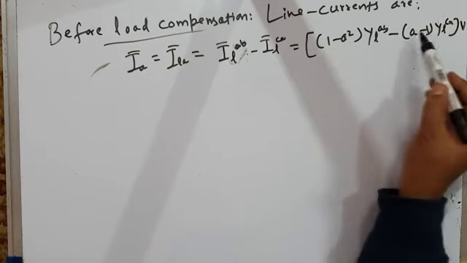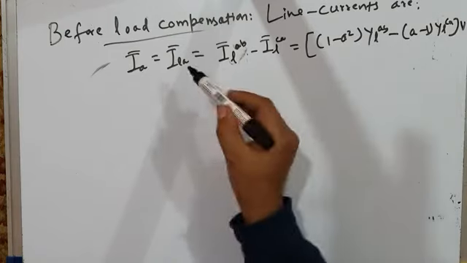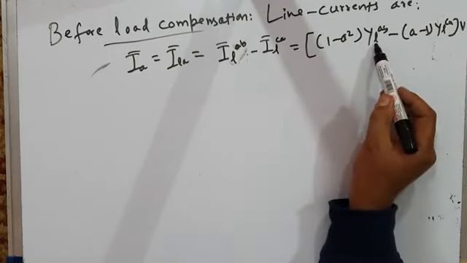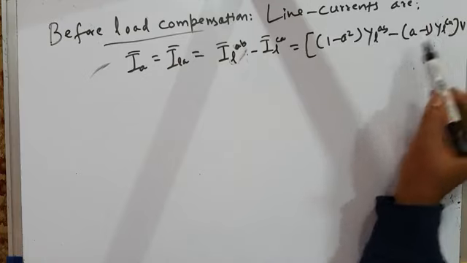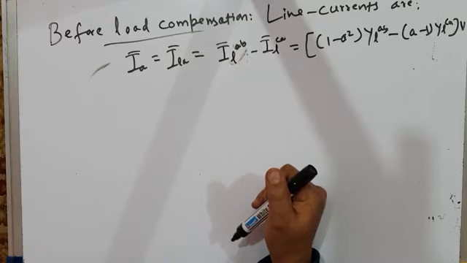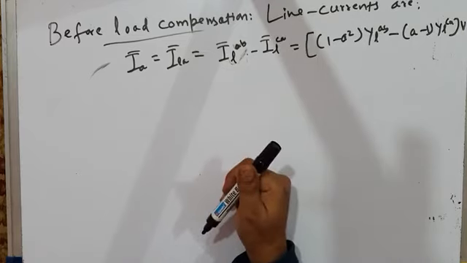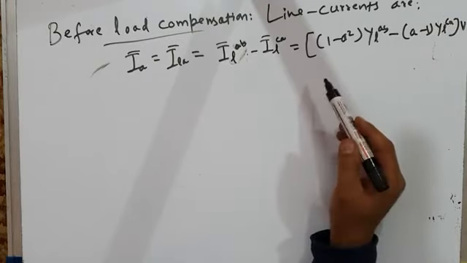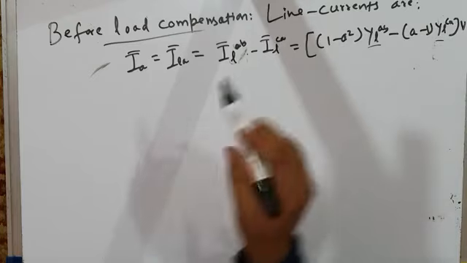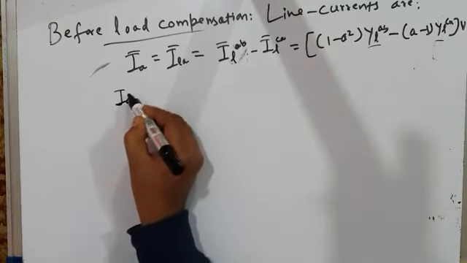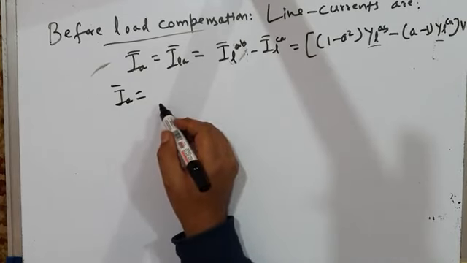YLAB is the load admittance of branch AB, and YLCA is the load admittance of branch CA. Just a few moments back we have written those values; we were given load impedances and we converted them into admittances. Substitute the values here, you will get line current IA. I have calculated it already, please verify the figure that I have got.